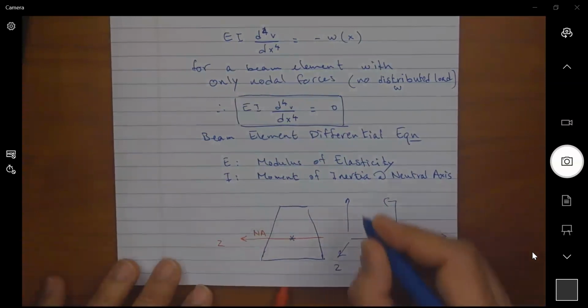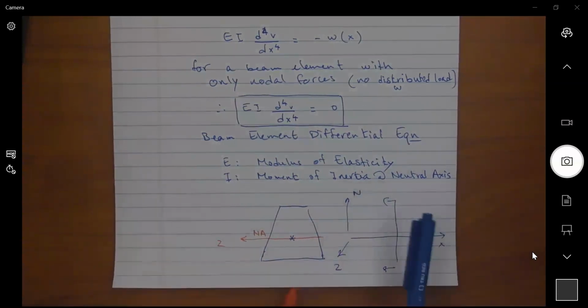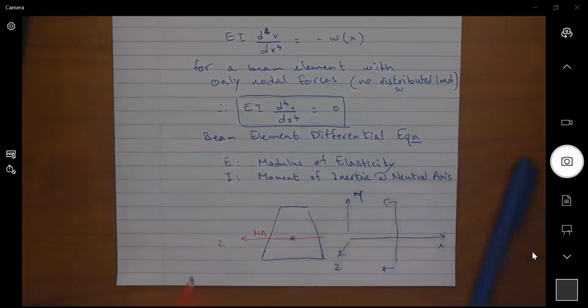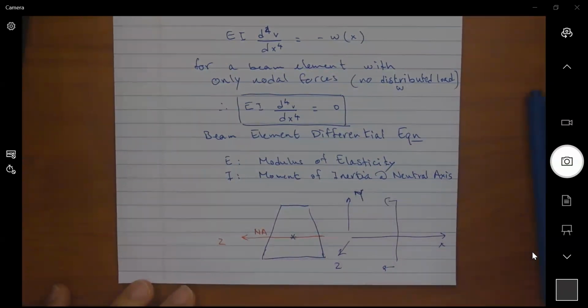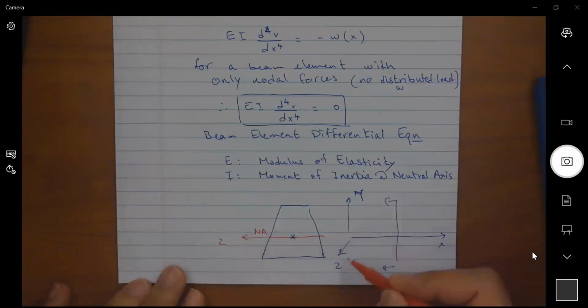So this is z, and this is, sorry, this is y. So this is for a beam that bends about the z-axis. Which one is the neutral axis? It is the red one, which by the way is in the z direction.